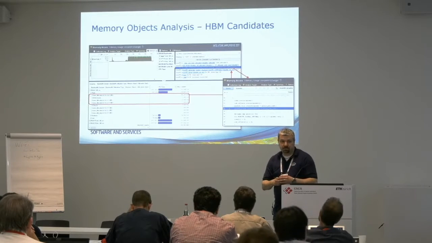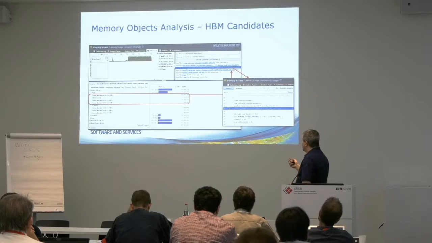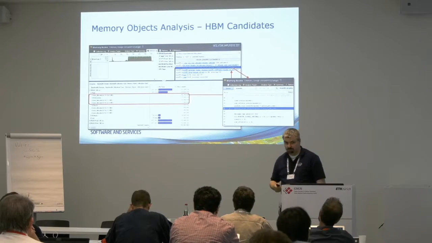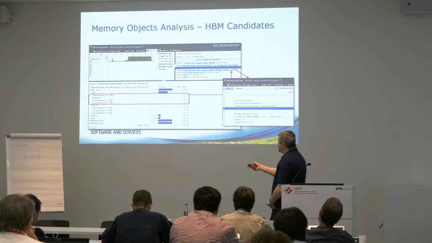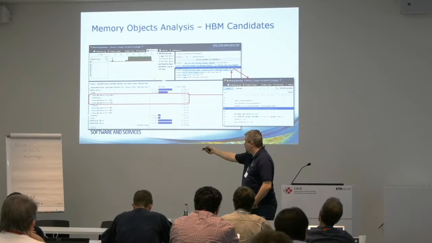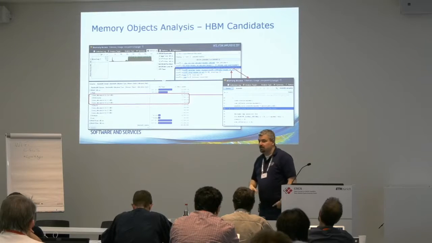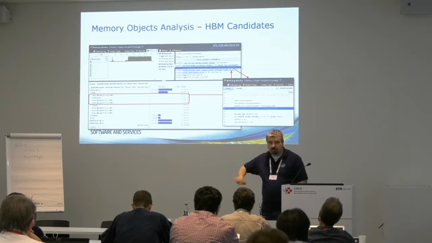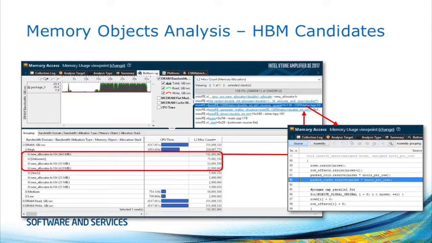Well, in this case, L2 cache misses. But at least you can get the data into the caches with a lot higher bandwidth than from the DRAM. Data structures that are in this low category that almost cause no cache misses, they can still stay in the DRAM, right? If you really need to work from these 16 gigabytes and you have way more data than fits in there. All right.